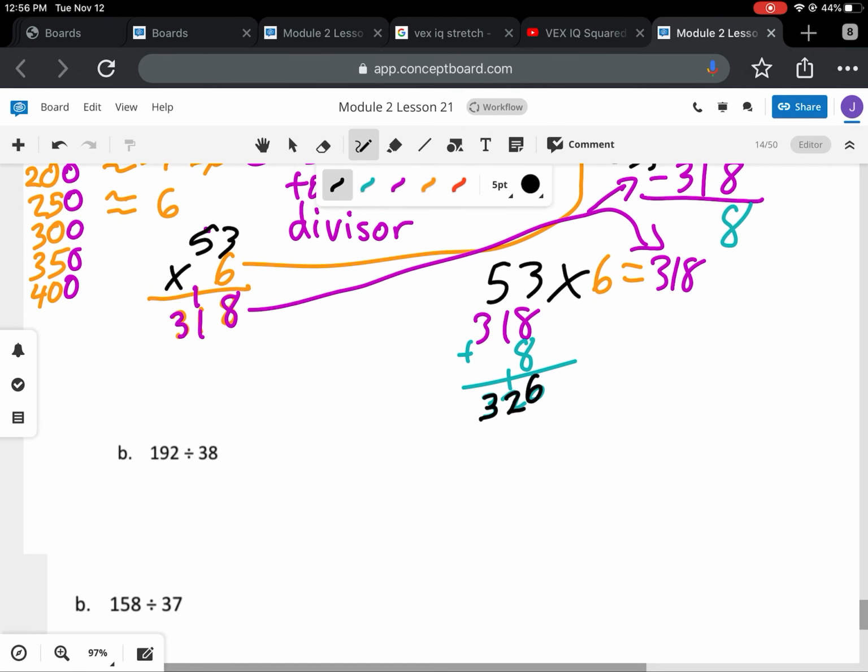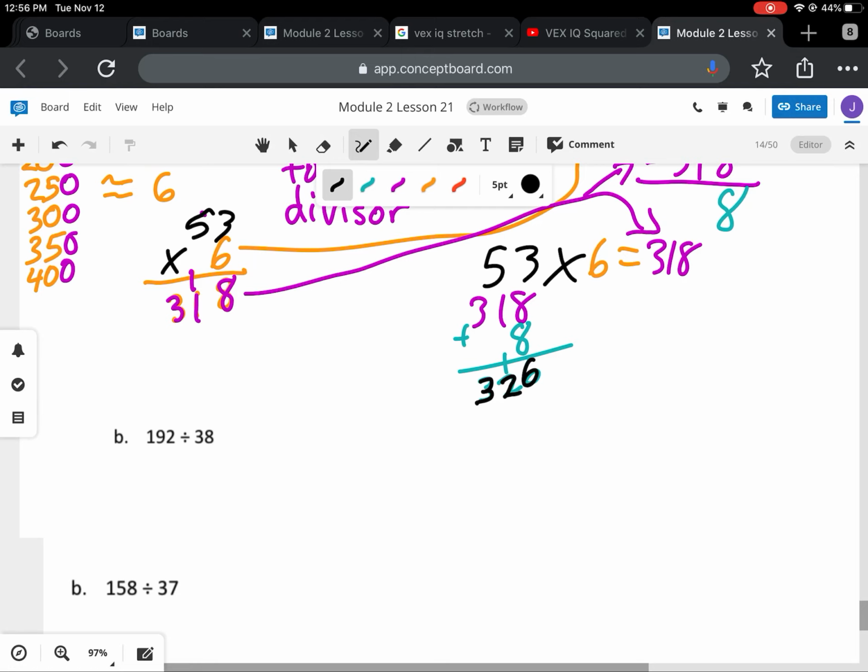Okay, so there I have my first example. Now I have another example. Now I'm going to round again. This time I'm going to 40. Hopefully you can see that it's 200. If you're not sure, then you do the 4 timetables.